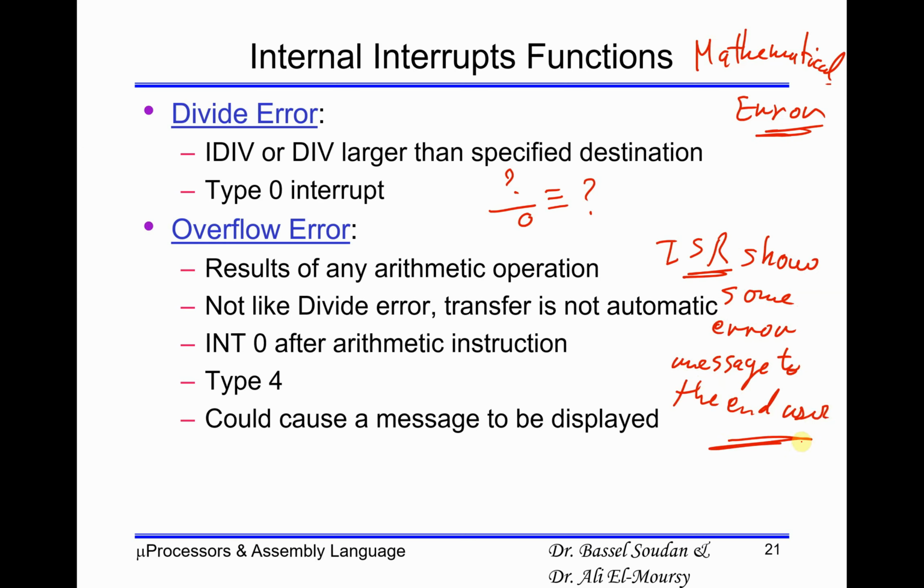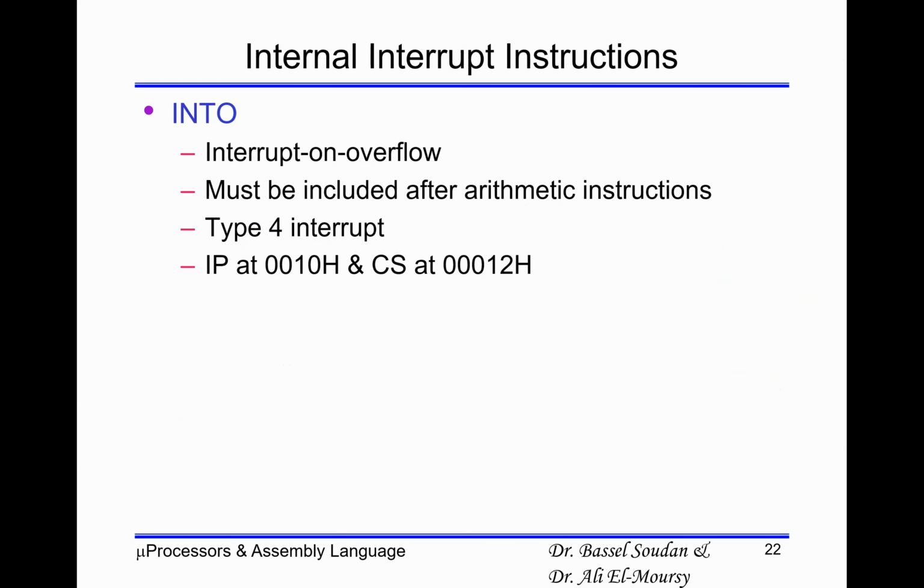This message will be shown to the end user if the error happens, like a stack overflow or any kind of error message that indicates you have some error in the calculation. So this category of interrupts or exceptions is called the internal interrupts.